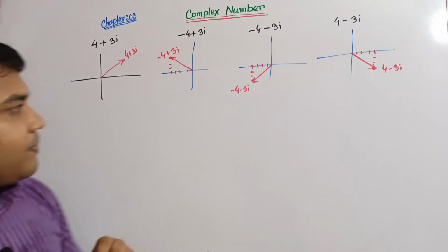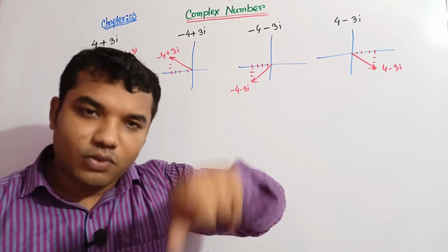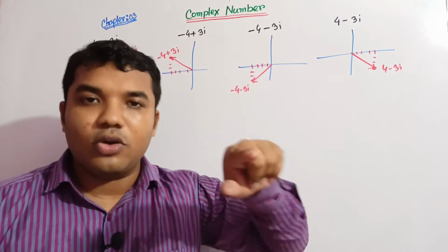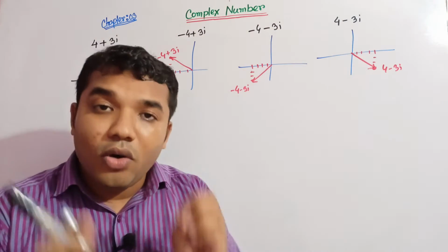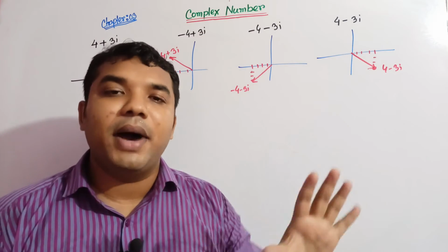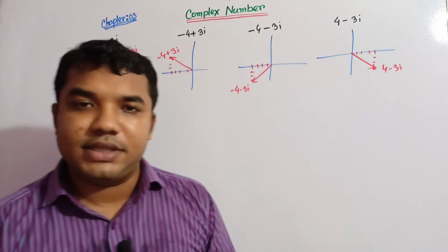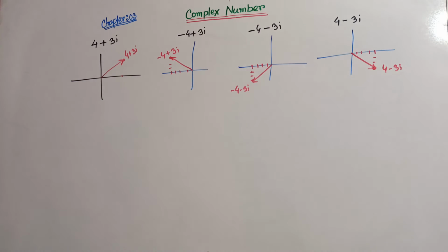Argument can be found in 2 ways. One is anti-clockwise, another is clockwise. Today, since there is a time limitation, we will only try to understand how to find the argument by the anti-clockwise system.